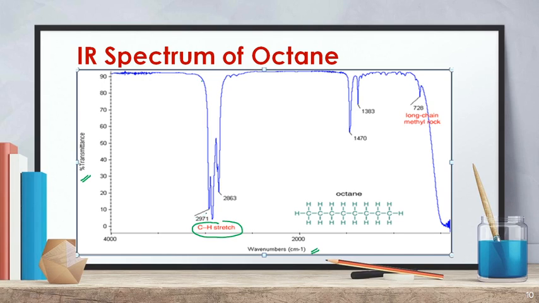You have peaks at about 2971 and 2863. These peaks give us the information about CH stretching vibrations for an alkane, right?